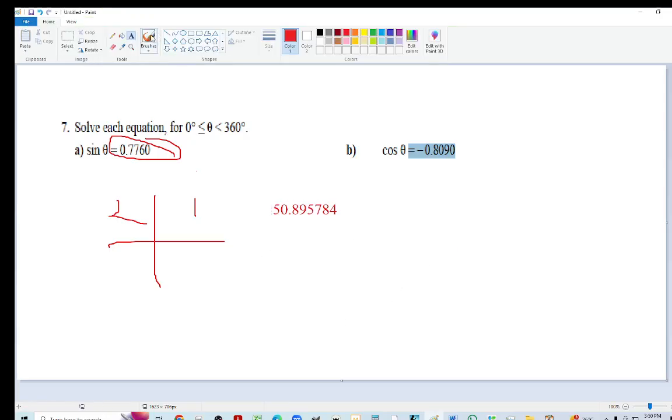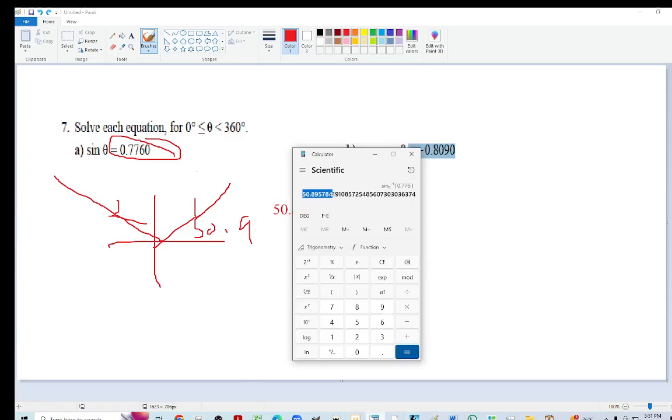Well, we know in this quadrant, that's just the acute angle, 50.9, let's call it, even though this is the actual answer. But in this quadrant, it's all the way to 180 and then back to figure the terminal. So it's 180 minus that value. I can always do that value minus 180 and then just take the positive value of it.